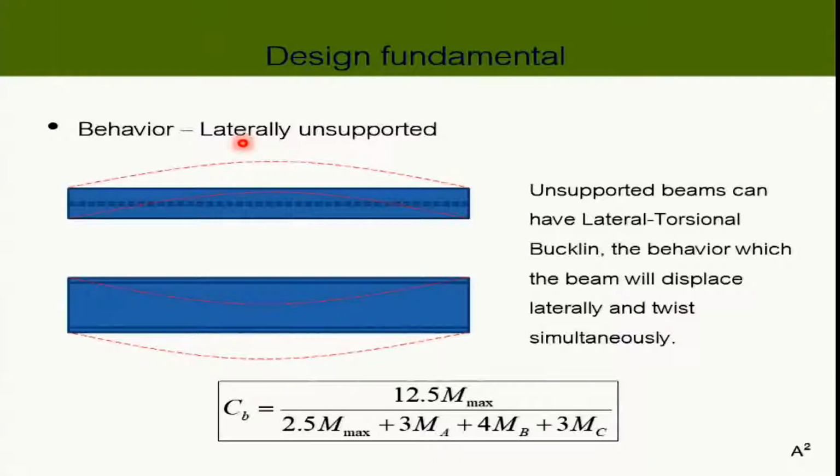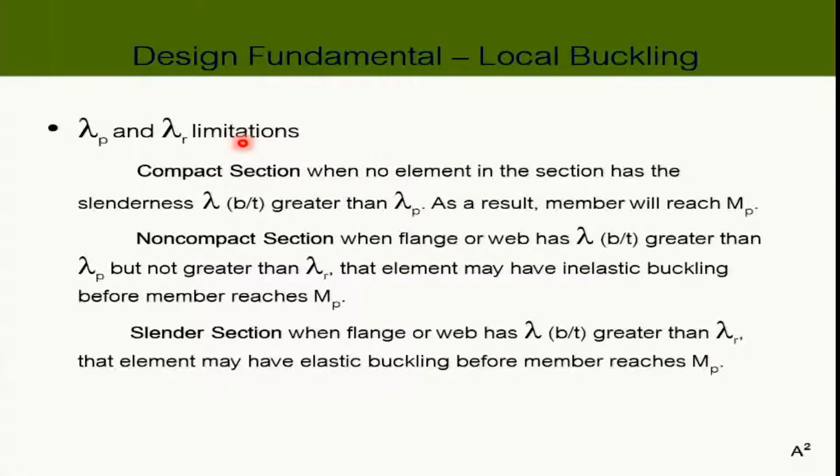But again, before we get into that, it's easier to start talking about the local buckling of the beam first. And again, for compression members, we divide the compactness of the element into just compact and slender. But for beams, there are 3 regions.